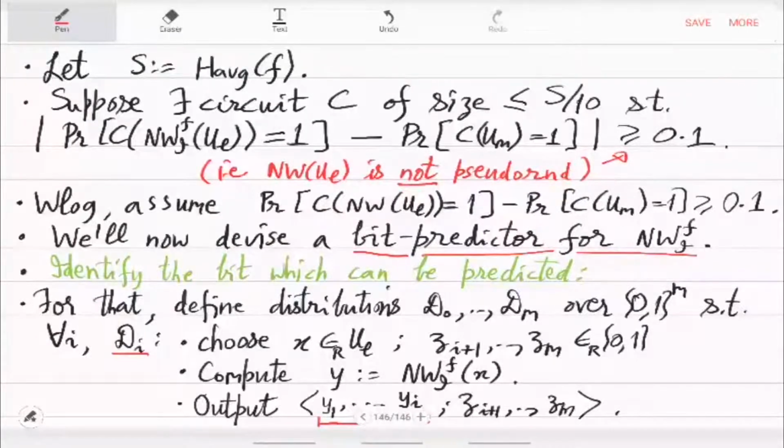This is called a hybrid distribution. You can observe that D0 is the uniform distribution, and as I said, Dm will be your Nisan-Wigderson NW.